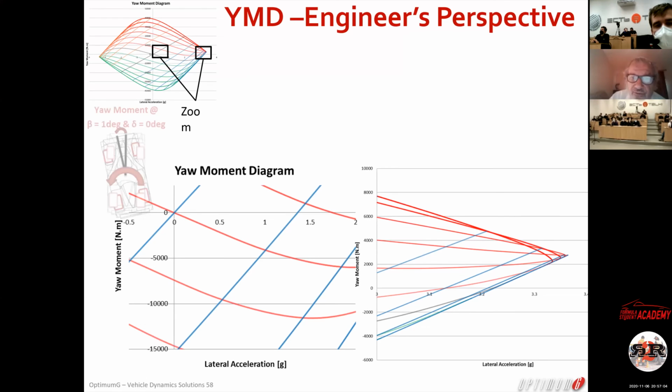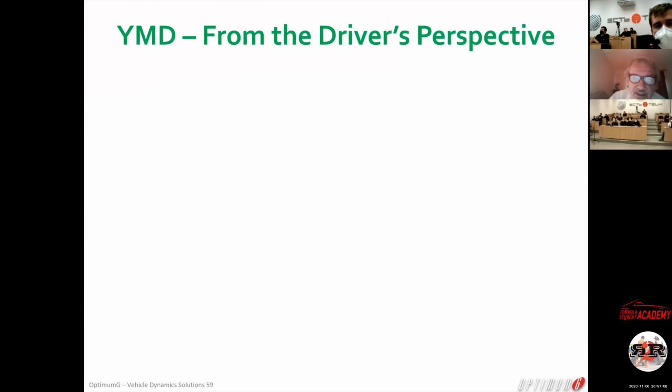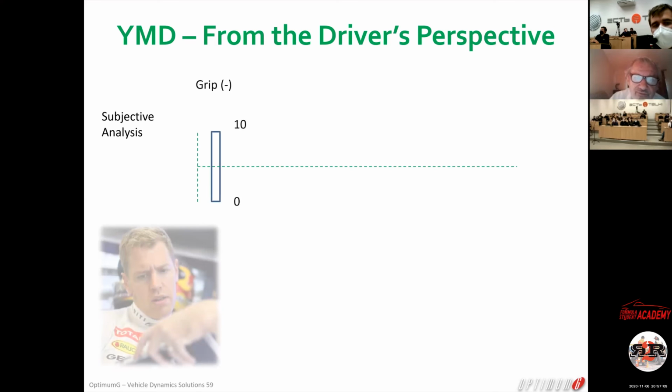Now, let's speak with the driver. And I'm going to give the driver a sheet, and I'm going to tell him, subjective, 0, the car is a disaster, 10, the car is perfect. There is no good racing driver who is going to give you a 10. A good driver is giving you at best a 9.